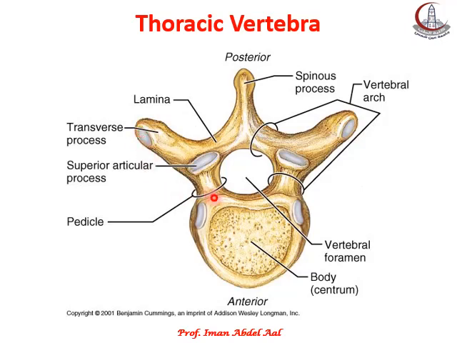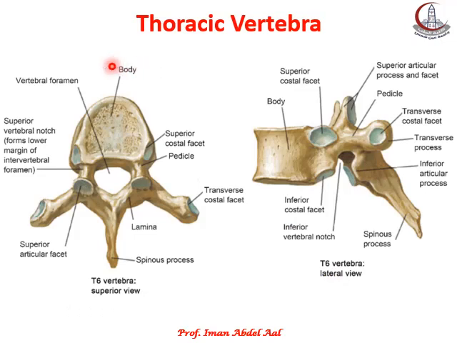So at the junction of the pedicle with the lamina of the vertebra, I have three processes: the superior articular process, the inferior articular process, which is not seen in this picture, I will show it to you in the next slide, and the transverse process.